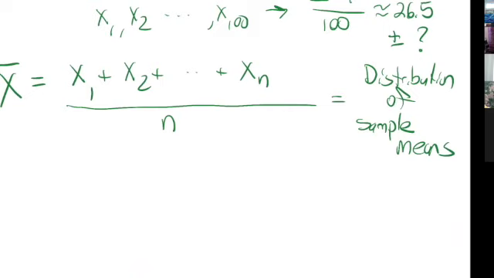And so if I want to calculate the expected value of this new random variable, which is some function of all of these independent random variables, x1 up to xn.